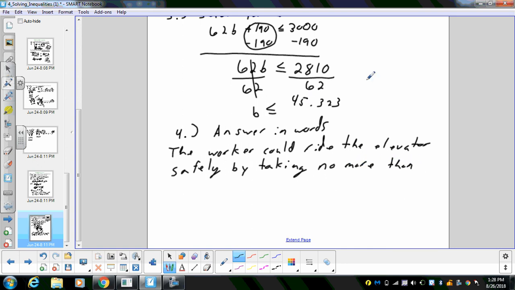So will we round up to 46 or round down to 45? Good, you round down. You can't exceed 3,000, so you have to round down to the nearest whole number, which is 45. Because if we took 46 boxes, we would be over the maximum limit and then be in jeopardy of breaking the elevator. So you can't have more than 45 boxes of tile.